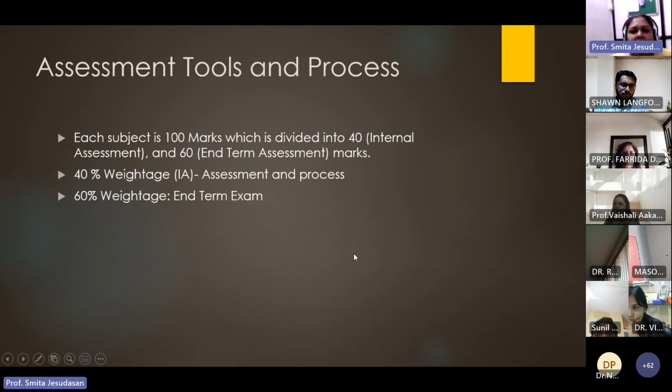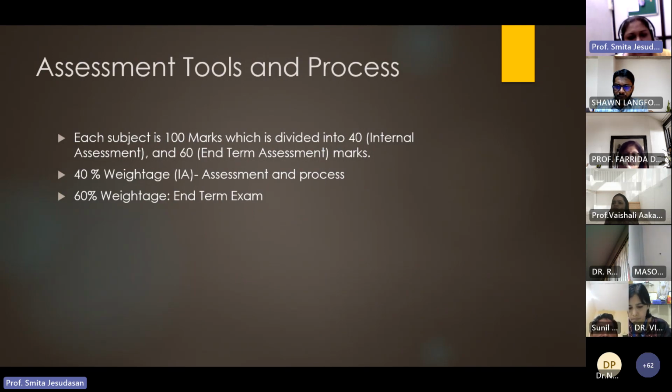Now, coming to the assessment tools and process. Here, we have a subject for 100 marks. So accordingly, we have the internal assessment and the term end examination.